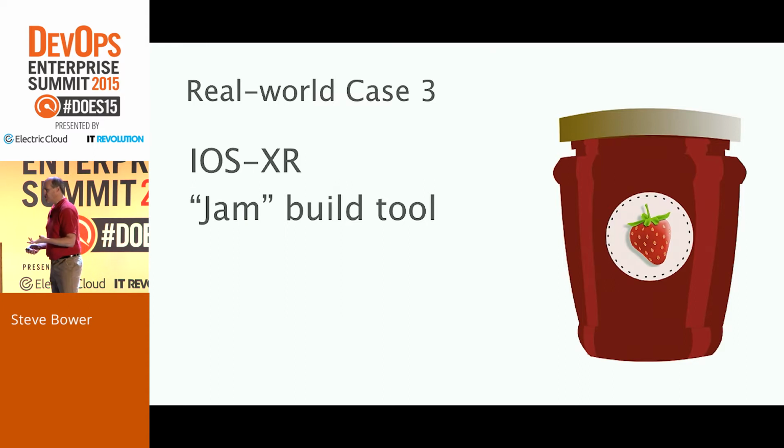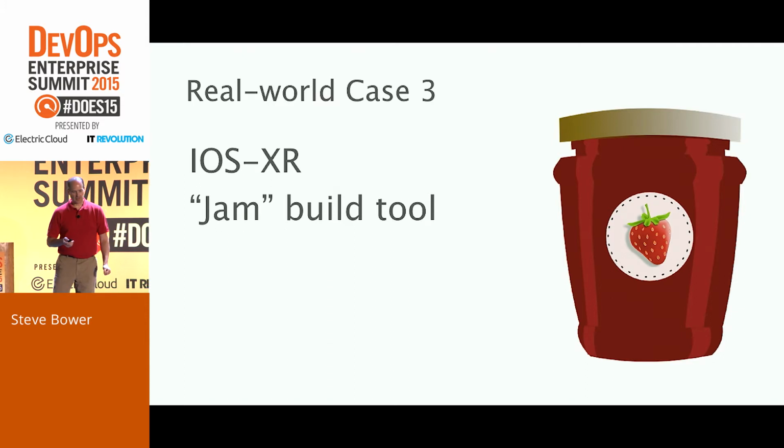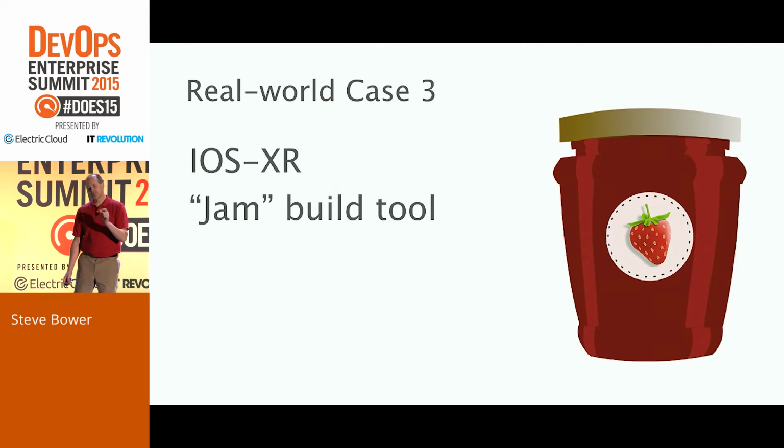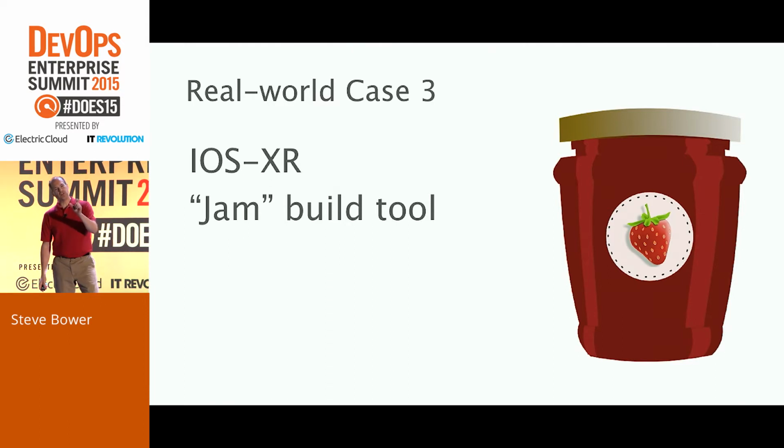So I was talking with some folks who own some of the jam build infrastructure, and they were talking about how they were sort of experimenting with doing some build offload kinds of things. And jam has this little setting in it called jam shell, which tells jam, hey, if you need to run a command, a compile or something, instead of using the standard system shell, use this other command that I'm telling you to use. Guess what we can put in there?